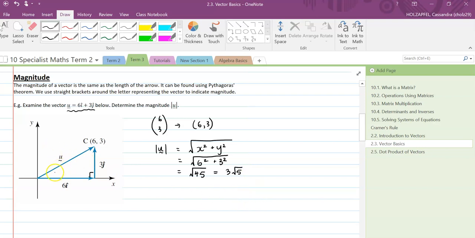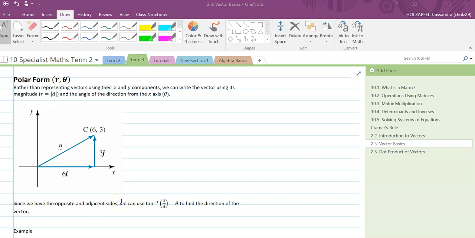How then do we go about finding the direction that this arrow is acting in? Well, we can use our angle from the x-axis here to represent that direction. When we choose to represent a vector using its magnitude and its direction rather than its x and y components, this is called polar form.